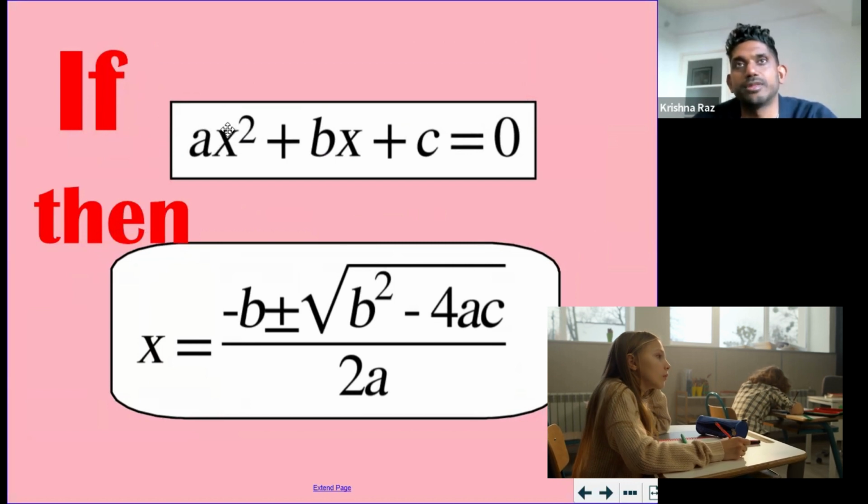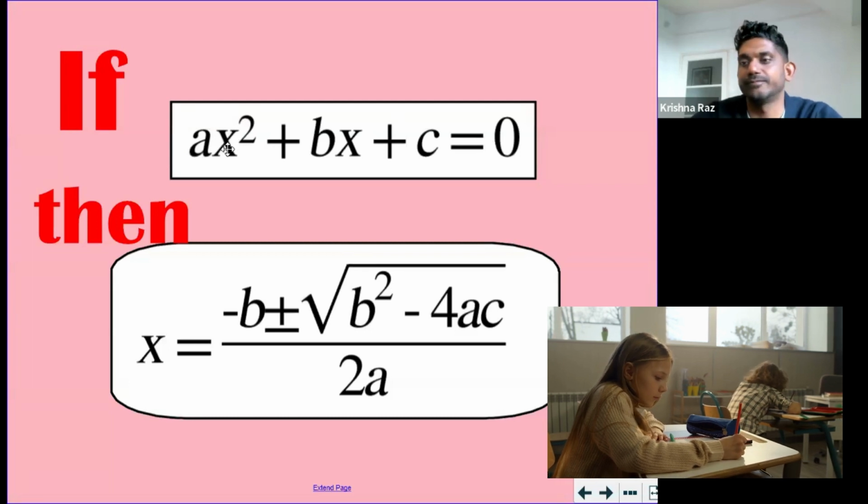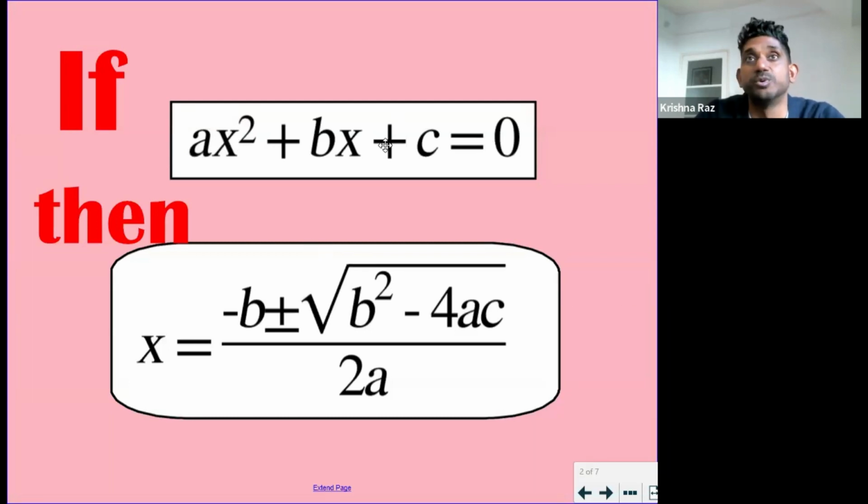So if we put the quadratic in descending powers of x, i.e. the power of x gets smaller as we go along, then the coefficient of x squared, i.e. the number in front of x squared, is a. The coefficient of x, that is the number in front of x, is b, and then the number on its own is c. So that's what these letters represent.